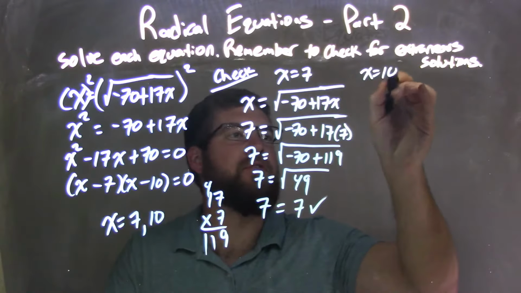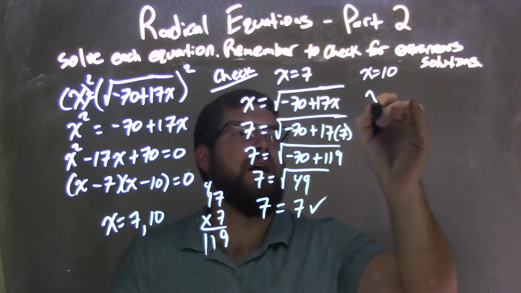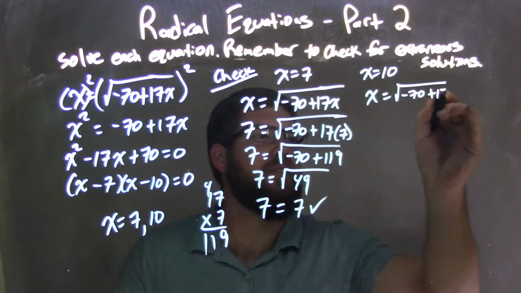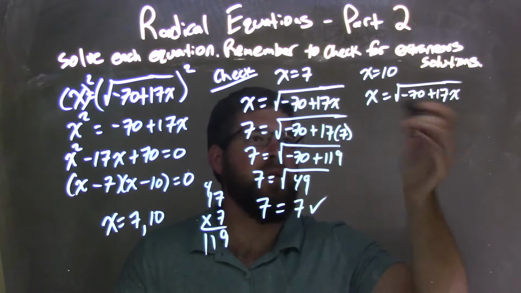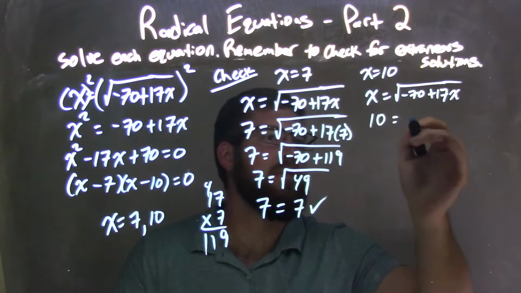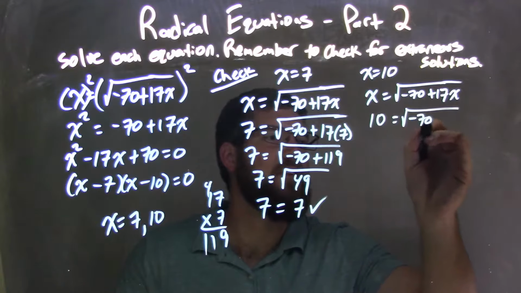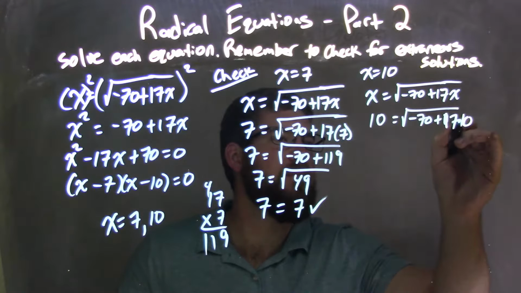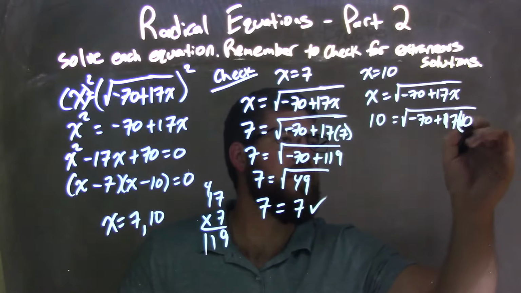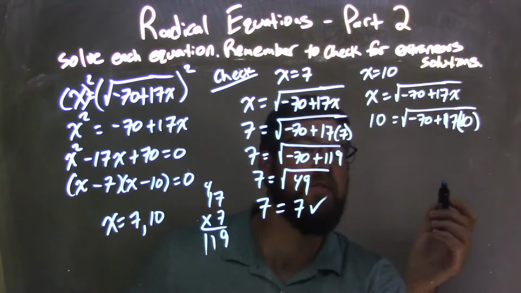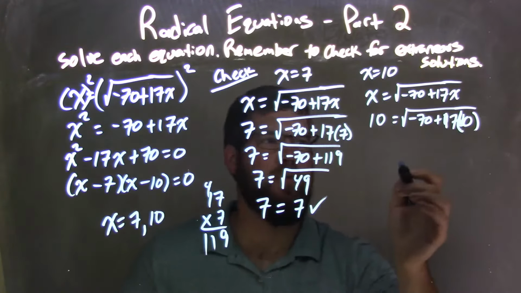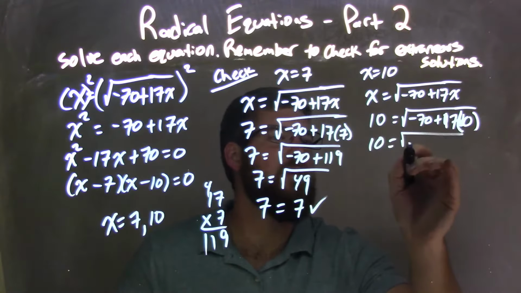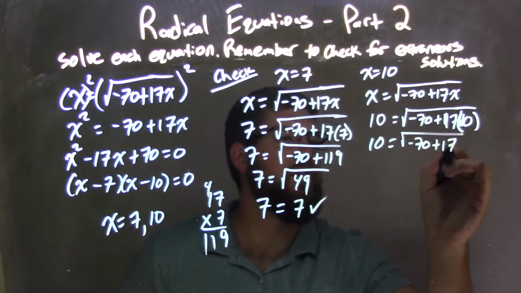So x equals 10 here. Rewrite my original equation. Don't skip that. x equals the square root of negative 70 plus 17x. Plug 10 in: 10 equals the square root of negative 70 plus 17 times 10. Put parentheses, let's get messy, times 10 there. 17 times 10 is 170, so 10 equals the square root of negative 70 plus 170.